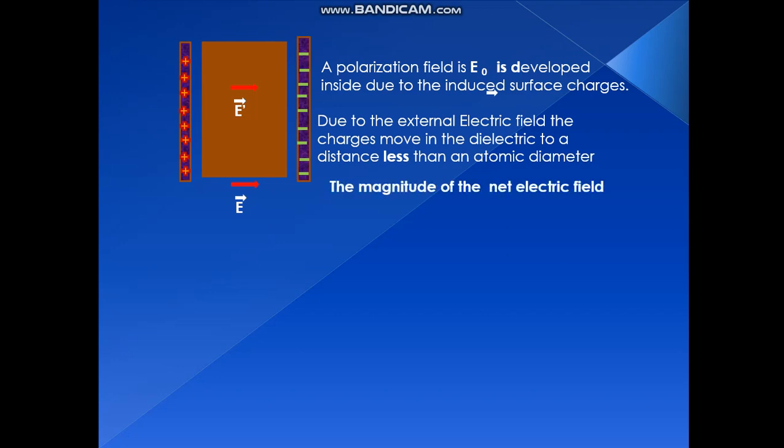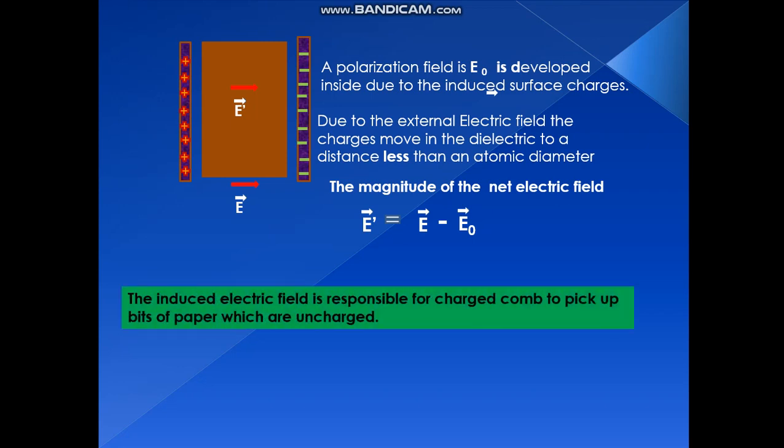The magnitude of the net electric field, E vector dash, is equal to E vector minus E naught vector. The induced electric field is responsible for the charged comb. All of you might have seen the example of a comb. When it is rubbed against your hair, it can pick up bits of paper which are uncharged. This is due to this kind of induced electric field.